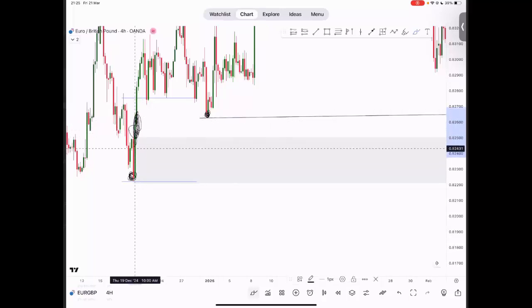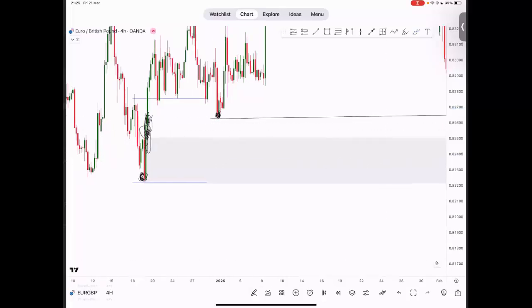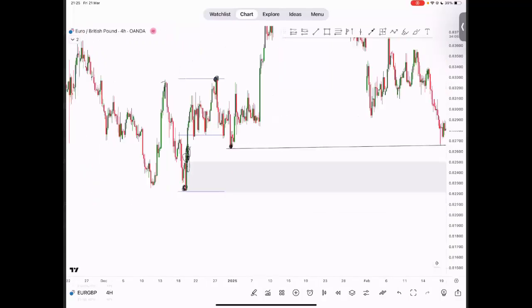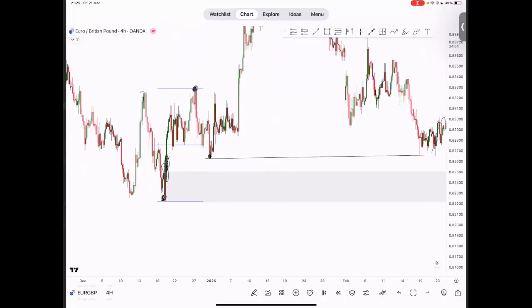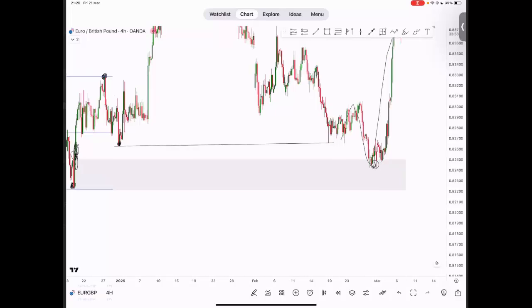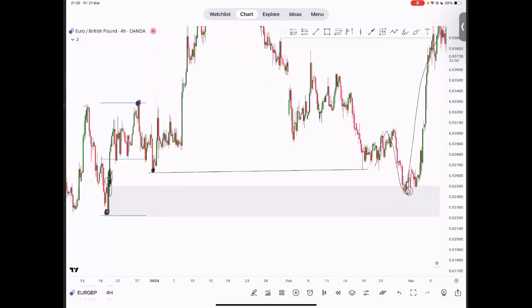I think up to this extent was still unfilled, which would give you a thought process that the price will come back to fill that imbalance. And as it's coming to fill the imbalance, it will now mitigate your entry since it is just next to your entry. So imbalance just above your entry in a buy setup or below your entry in a sell setup adds to its probability.